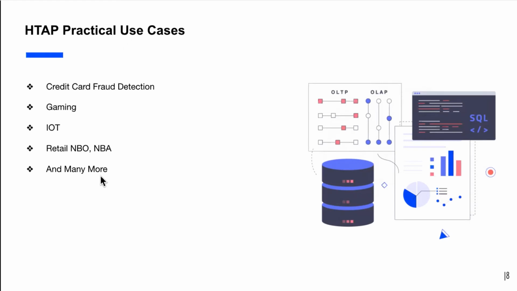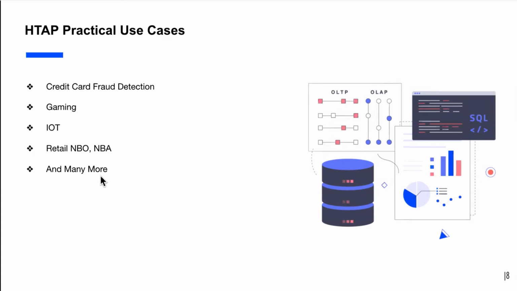that's easy to do. And why do they want to do that, right? What is the value in it? And here are some examples: credit card detection, gaming, IoT. You have a retail application system that wants to be able to do next best offer, next best action, and you could pretty much use your imagination where that real-time data coming from an operational data store, if I can do real-time analytics in what I can do.